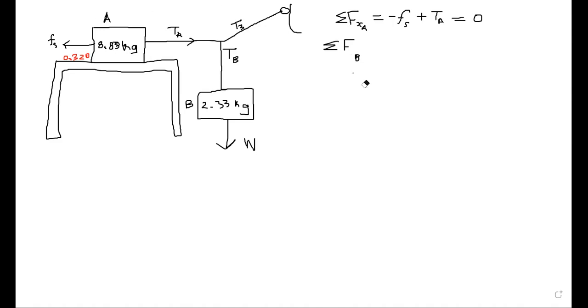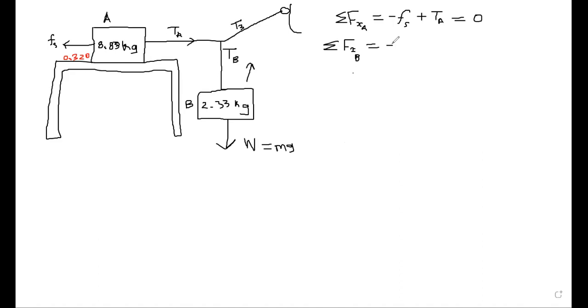We know that the weight is mg again. We said we're going to let the downward direction be positive, meaning that the upward will be negative.